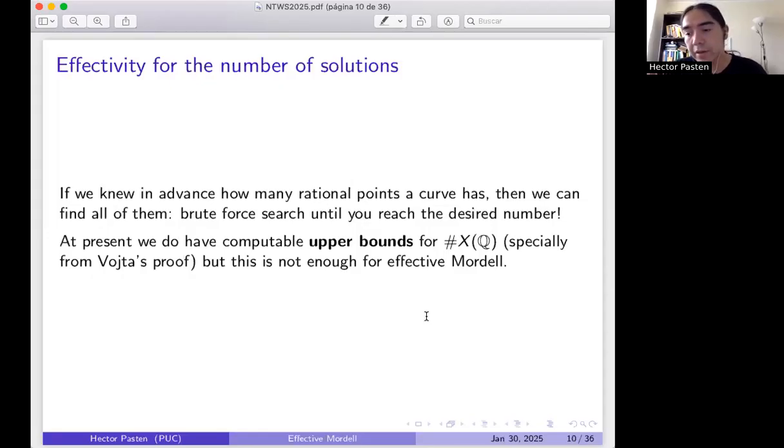And that's not good enough for effectivity, because even if you know a very explicit bound, like for instance, this curve has at most 3 rational points, and you start searching for rational points and you find 2 of them, the question is: will you ever find the last one, or is there no third rational point? Well, we don't have a way to tell. So knowing an upper bound for the number of rational points is, as far as we know, not enough for effectivity, for finding the rational points.